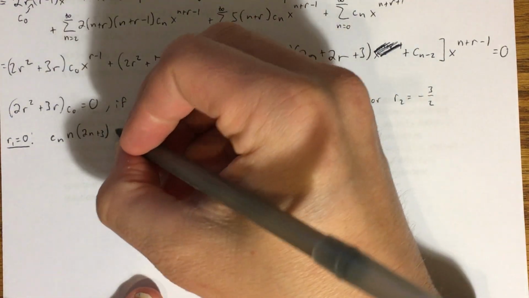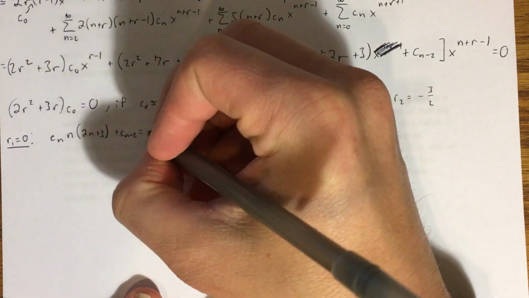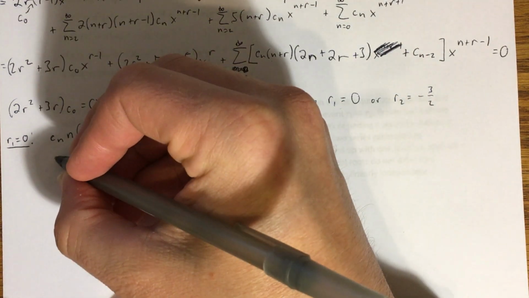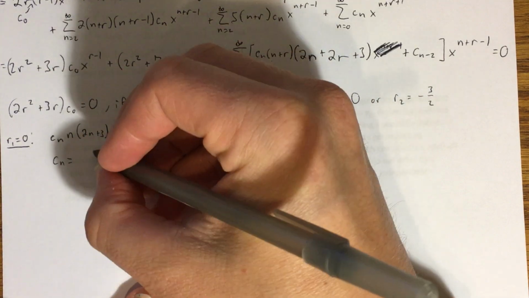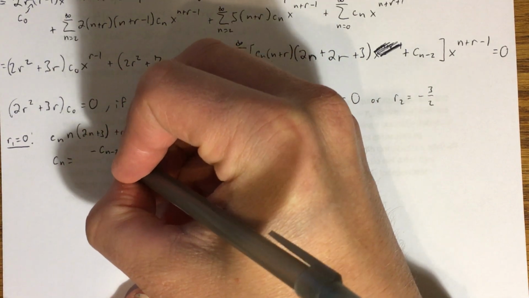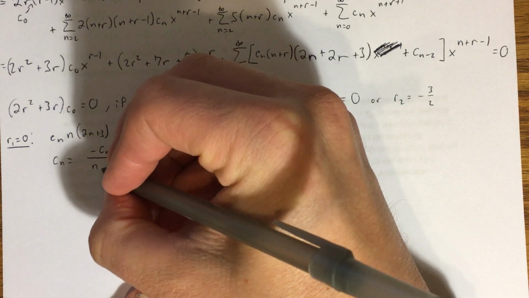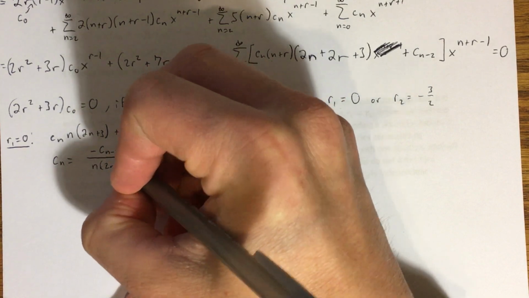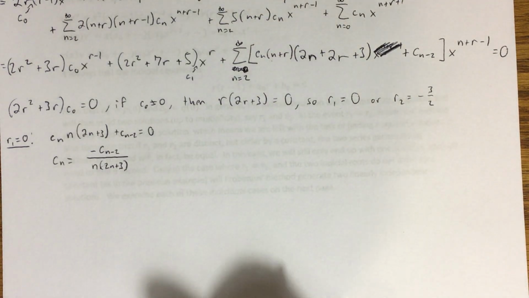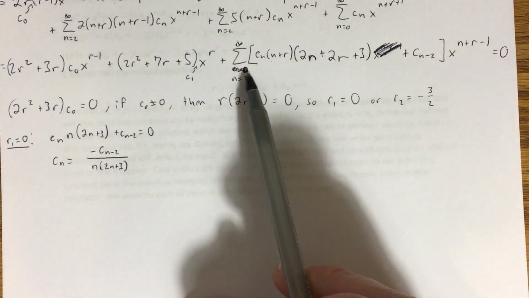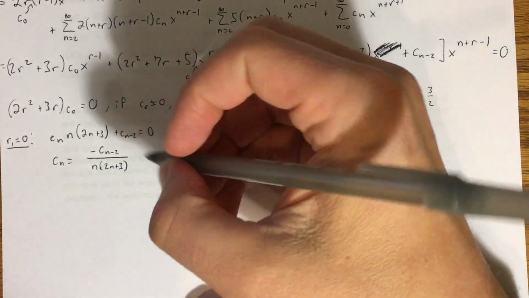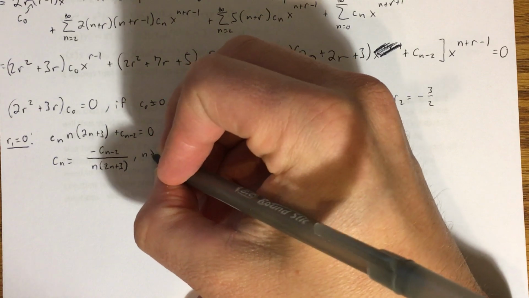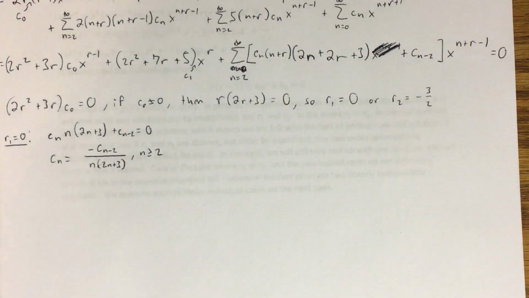And then this becomes plus Cn minus 2 equals 0. Or solving for Cn, I get Cn equals negative Cn minus 2 over n times 2n plus 3. That's the recurrence relation that I want to use. And notice, because this series starts at n equals 2, I need to make sure that we include that condition. We're starting where n is equal to 2 and working our way up from there.